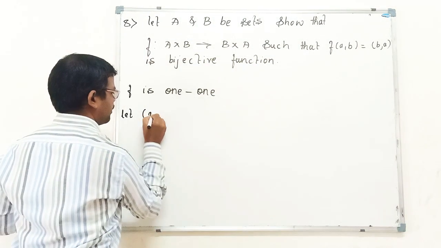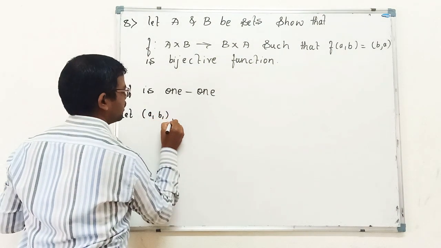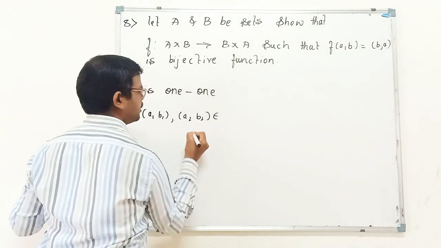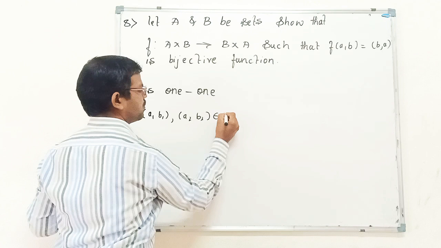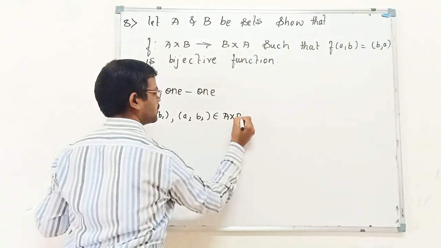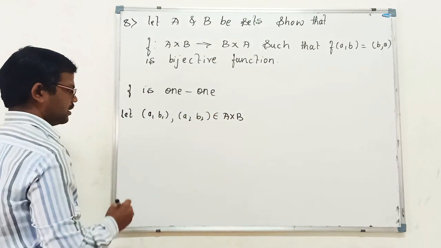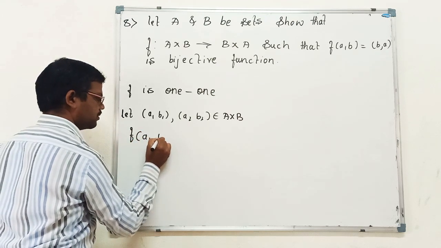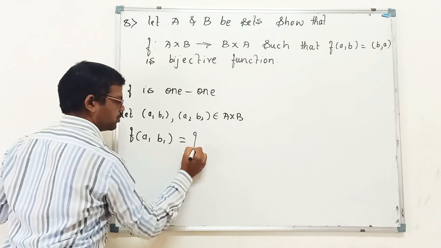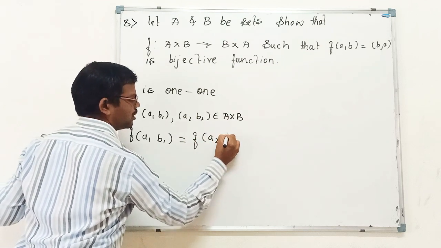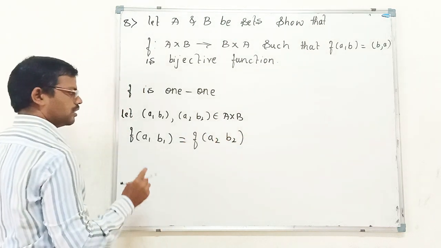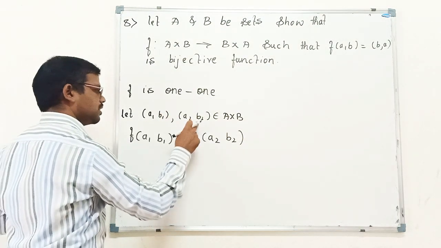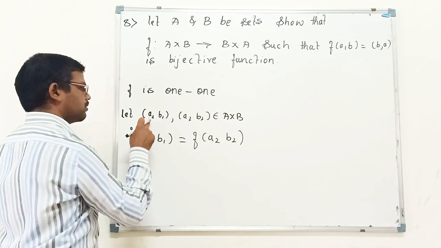Let us consider (a1, b1) and (a2, b2), two elements of A cross B. Then we consider f of (a1, b1) equal to f of (a2, b2).